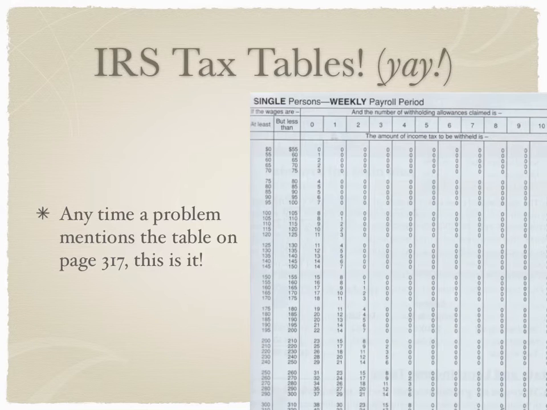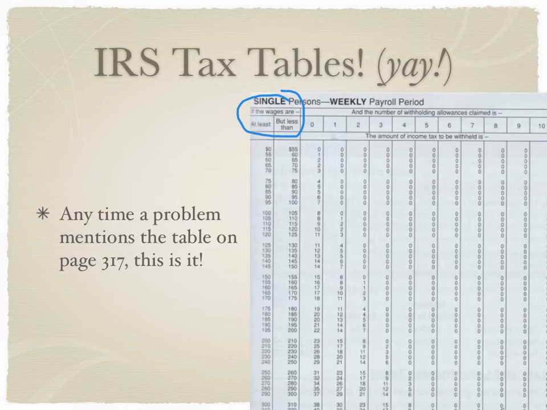The table is not difficult to interpret. Over on the left-hand side, the first pair of columns are labeled "if your wages are at least, but less than." That gives you a dollar amount band to refer to.